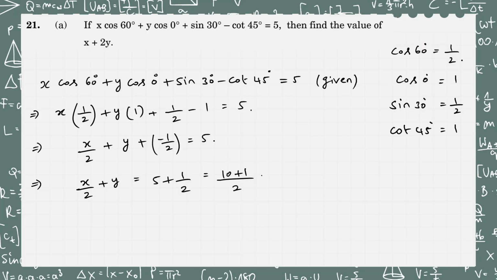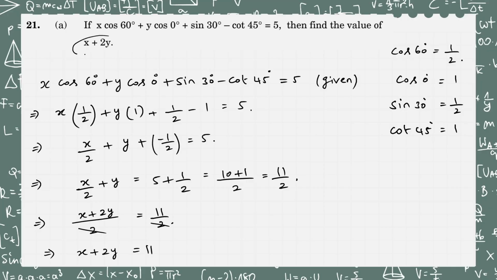So it becomes 10 plus 1 in the numerator, 11 divided by 2. And for the left side also we can take 2 as LCM. It becomes x plus 2y. This side we have 11 by 2. Cancelling 2 on both denominators, we have x plus 2y equals 11.